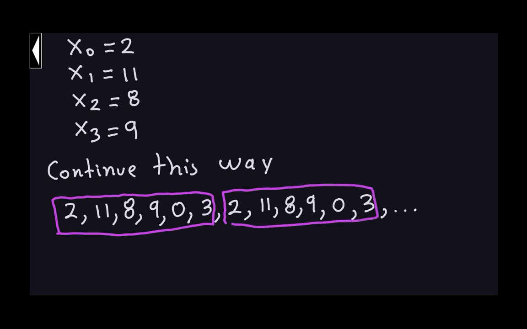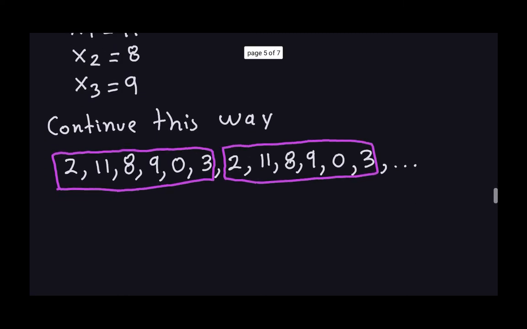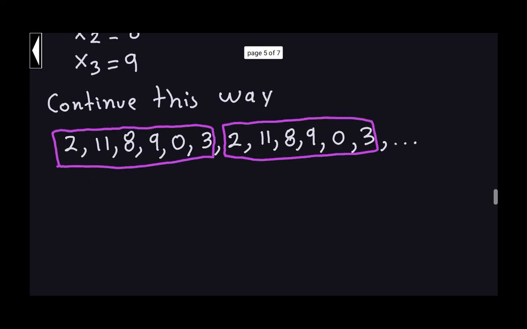You see the pattern is exactly the same: 2, 11, 8, 9, 0, 3, 2, 11, 8, 9, 0, 3, and that's going to keep happening forever. It doesn't matter how long you go, you're going to have that pattern. What that means is that we have a cycle. This random number generator has a cycle.